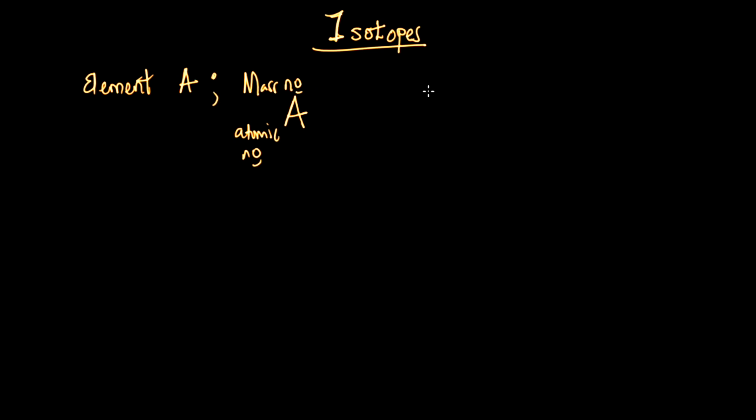So let's say we have hydrogen atoms. We have hydrogen 1, hydrogen 1, 2, and hydrogen 1, 3. This is hydrogen, this is deuterium, and this is tritium.